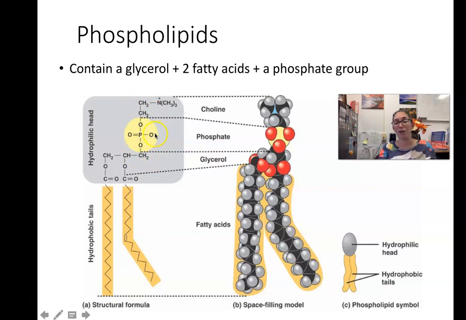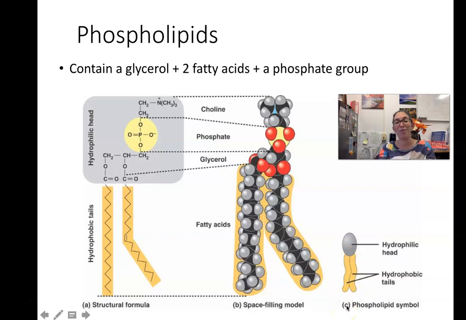They're negatively charged. Charged things can dissolve in water. So this phosphate group makes these phospholipids slightly soluble. In fact, it makes the head of the molecule very soluble in water, or in other words, hydrophilic. It likes water, it's attracted to water. But those nonpolar carbon-hydrogen tails are still not soluble in water.